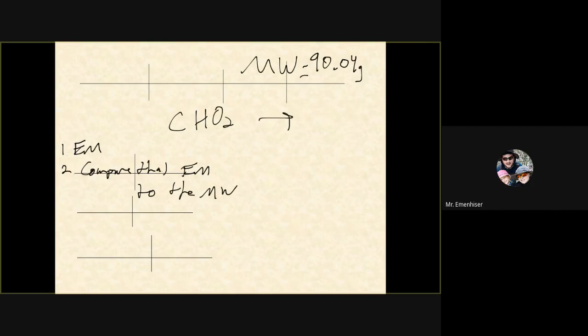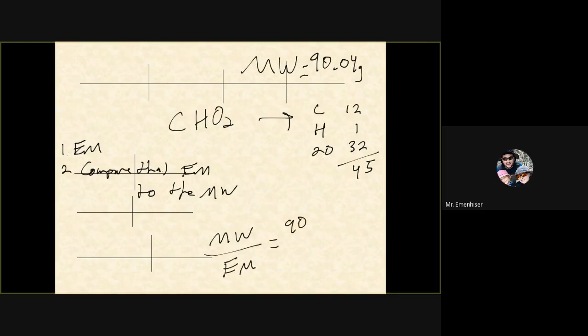All right, so this is 1 carbon, 1 hydrogen, and 2 oxygen. So that's 12 plus 1 plus 32. That's 45 grams per mole. All right, and the way that we're going to compare it is we're going to divide it. We're going to do what is the molecular weight or molecular mass divided by empirical mass. So what is 90 divided by 45? Well, that's just 2.